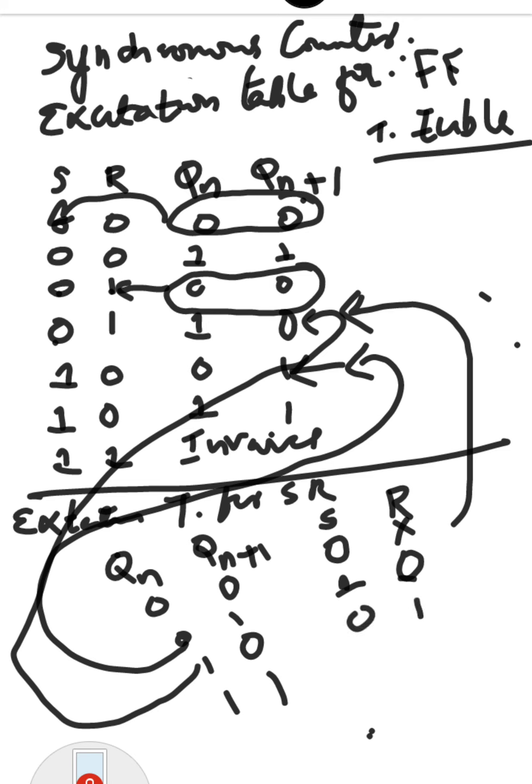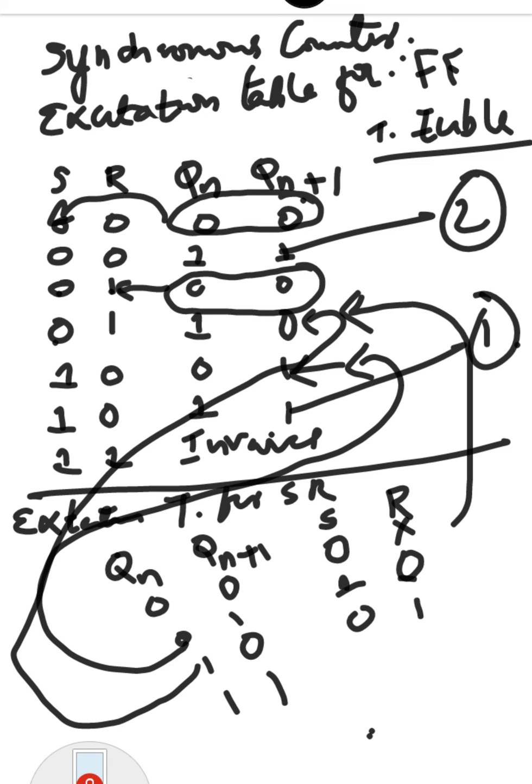And find out the 1 1 condition. There are two 1 1 conditions. One is here, another is here. For this, S changes from 0 to 1, but R is equal to 0. So S can be anything, R must be 0. So this table: 0 0 0 X, 0 1 1 0, 1 0 0 1.